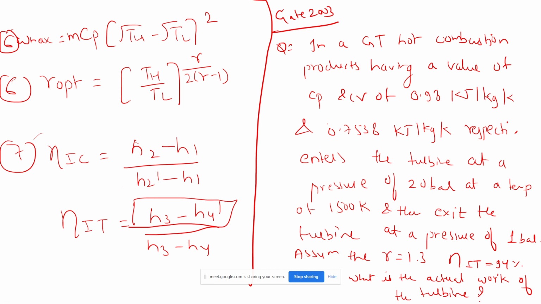Is it 689 kilojoule per kg? Yes, you are right, 689 kilojoule per kg. Has anyone else got the same answer?